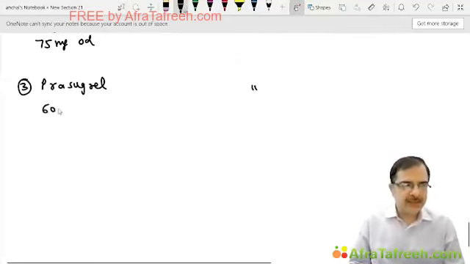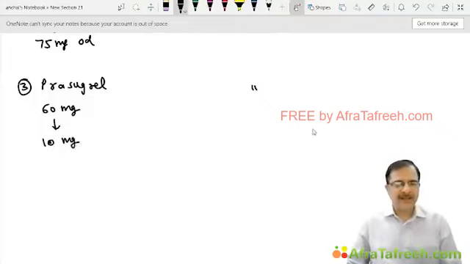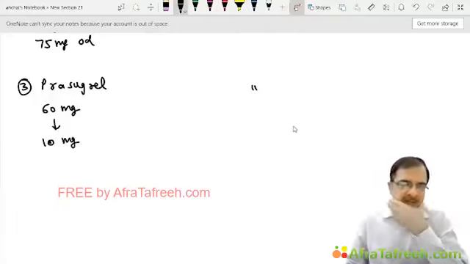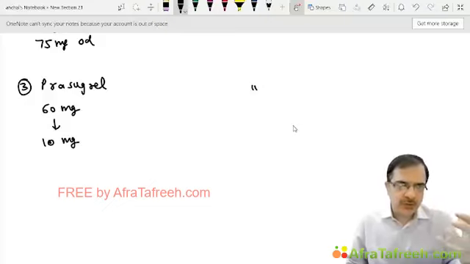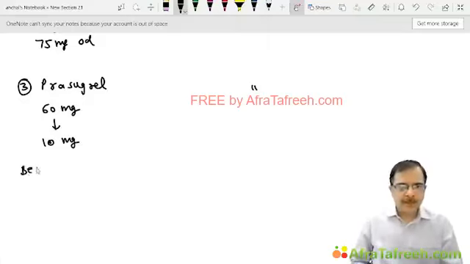Important points on prasugrel: a loading dose of 60 milligrams, followed by 10 milligrams once a day. So where is the best use of prasugrel in comparison with clopidogrel?